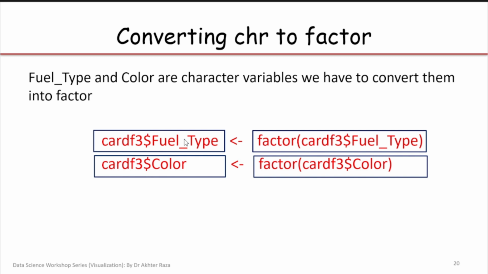Factor CARDF3 color, and the same variable will be used for storing purposes. So this is very important before making any visual of these two non-numeric variables, to convert them into factors, because we cannot use simple string variables for bar charts and pie charts.